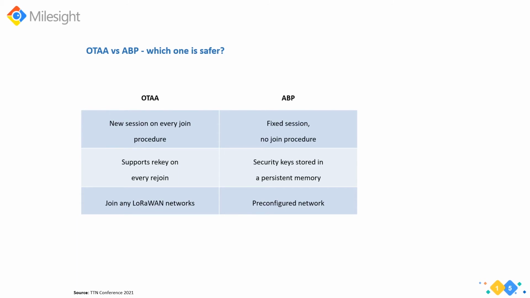But in ABP mode, you can also do that, of course, but you need to manually copy all those session keys to different networks. And you cannot require the previous networks to delete or to forget your pre-stored keys. So we strongly recommend to use OTAA mode.